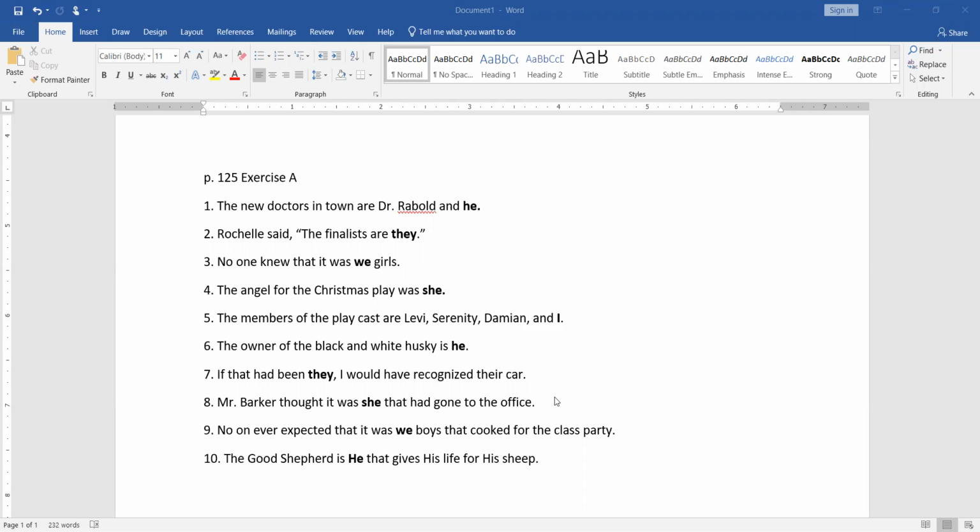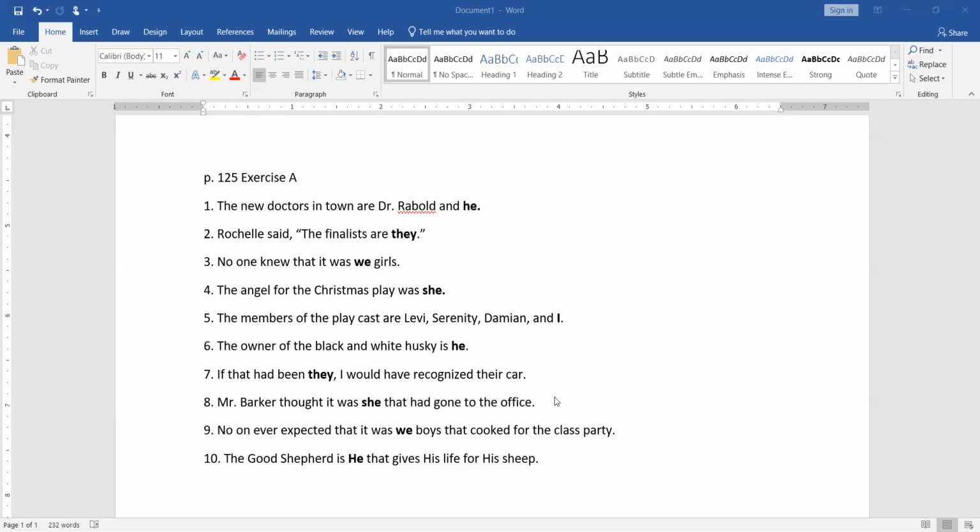Number four, the angel for the Christmas play was she. Number five, the members of the play cast are Levi, Serenity, Damien, and I. Also notice that whenever you do have a personal pronoun in a list with a compound, whether it's an object or a nominative case, you still put it at the very end of that list.